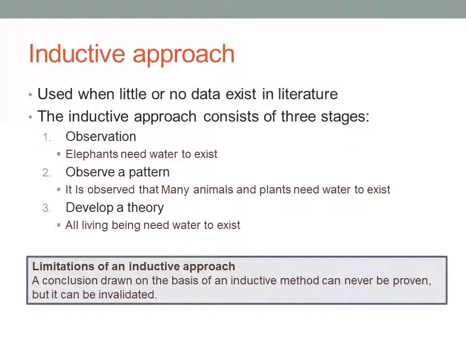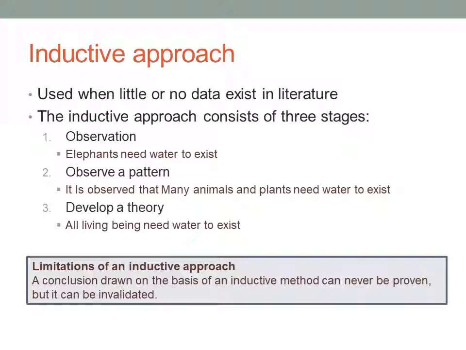What are the limitations of an inductive approach? Now, once a conclusion is drawn on the basis of the inductive method, you cannot prove it. You can only validate it, and it can also be invalidated.